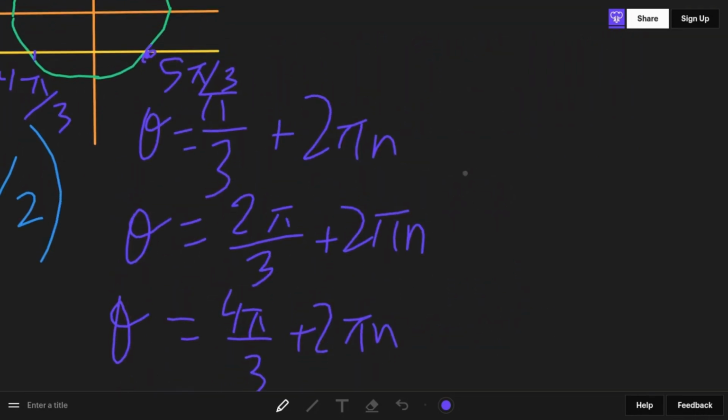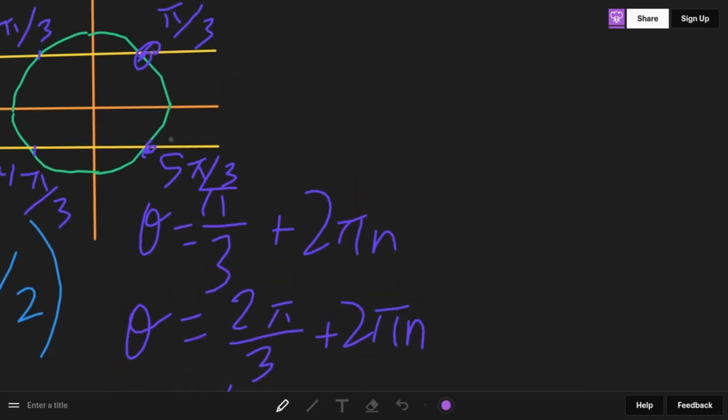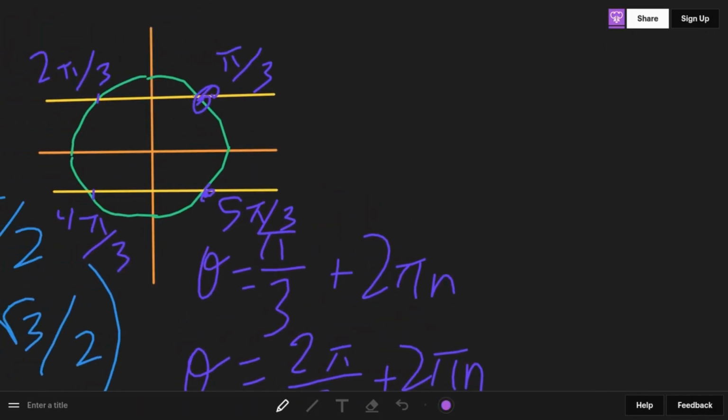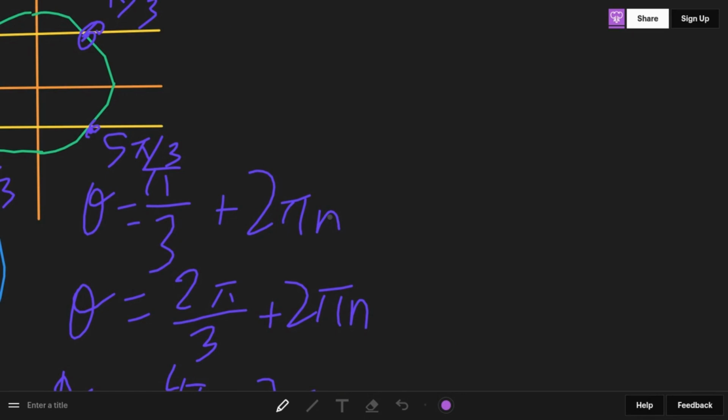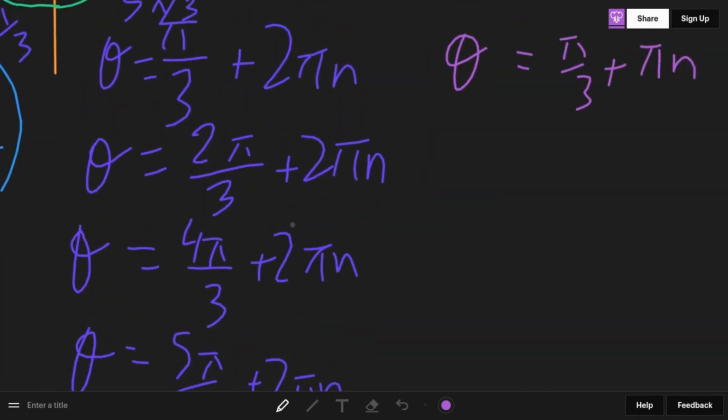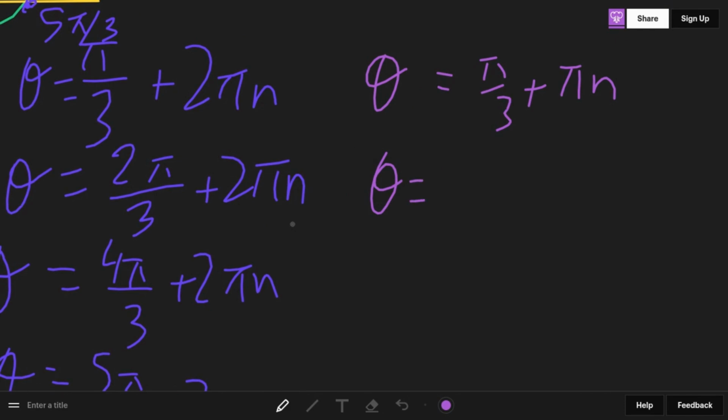Again, this answer would be correct, but you could simplify and realize that pi over 3 plus pi gives you 4 pi over 3, and 2 pi over 3 plus pi gives you 5 pi over 3. So you could simplify this to pi over 3 plus pi n, since now this does include 4 pi over 3. And similarly, you could do 2 pi over 3 plus pi n.